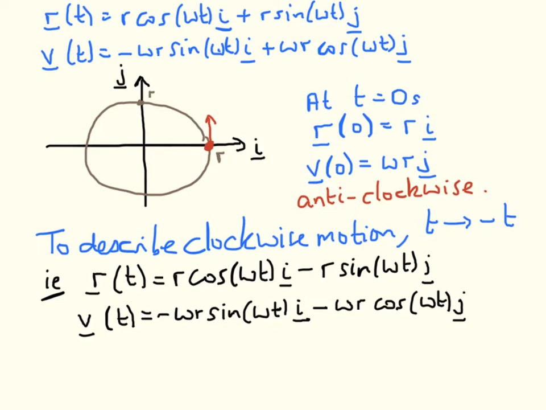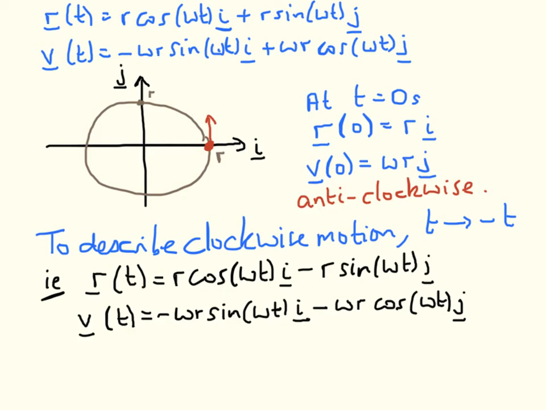And if we put in, as we did here, t is 0, the position, the starting point has not changed. This vanishes, but the velocity at time t is 0 is minus omega r times 1, so minus omega r j. So that means that it is parallel to this axis and negative. It's pointing down here, and that corresponds to clockwise motion.